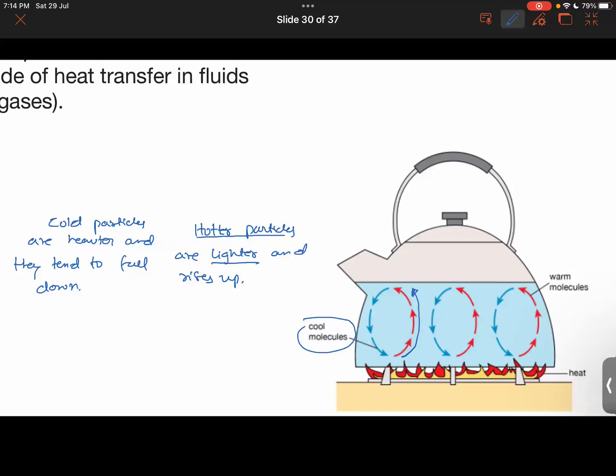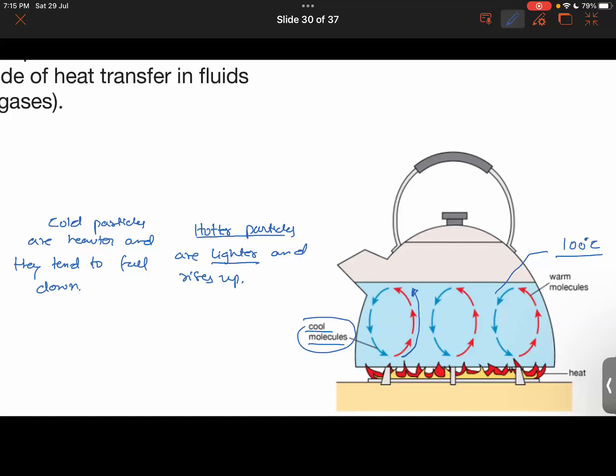In the case of water, that is 100 degrees Celsius, its boiling temperature. That is the maximum temperature these water molecules can tolerate. After that, they will start to change their state from liquid to gaseous state.